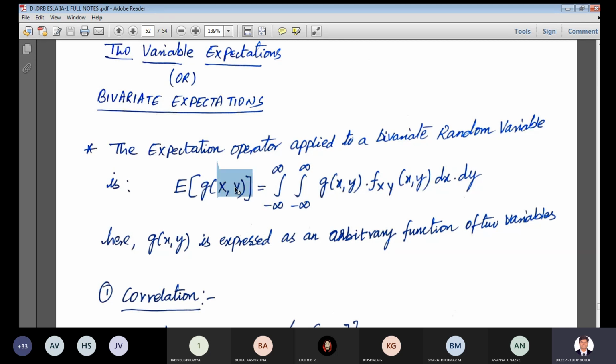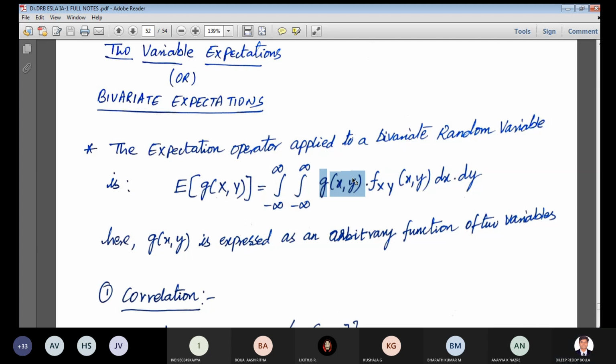In that case, it is the same integral, same f of x into dx, same everything, but whatever function you have here, you replace the same function there. If I write 2x plus 2y here, then you should write 2x plus 2y there also.